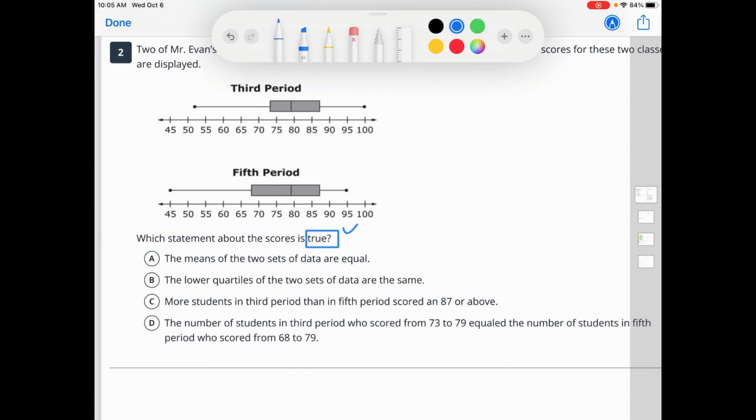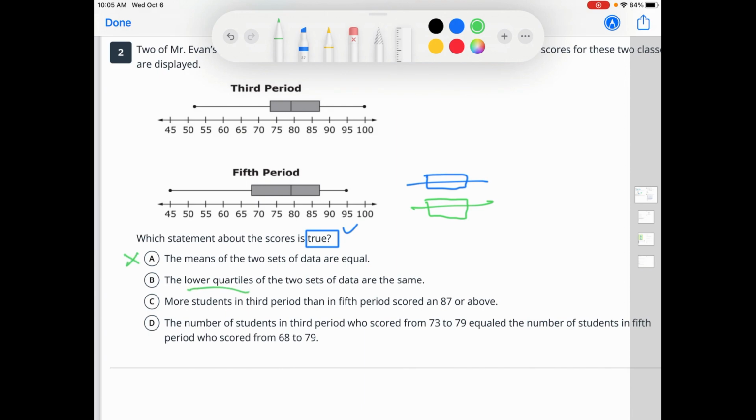So the means you can't tell from these. The only way I could tell is if they were both exactly normal distributions. But it looks like they're kind of shifted in those ways. So for that question, no.